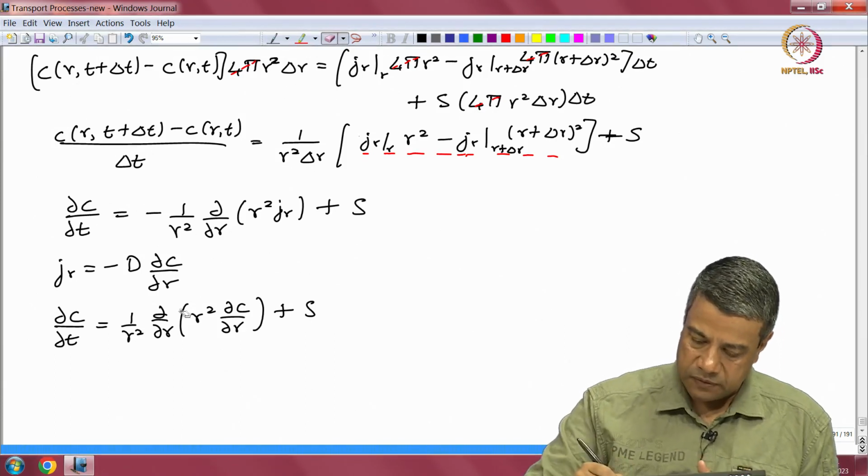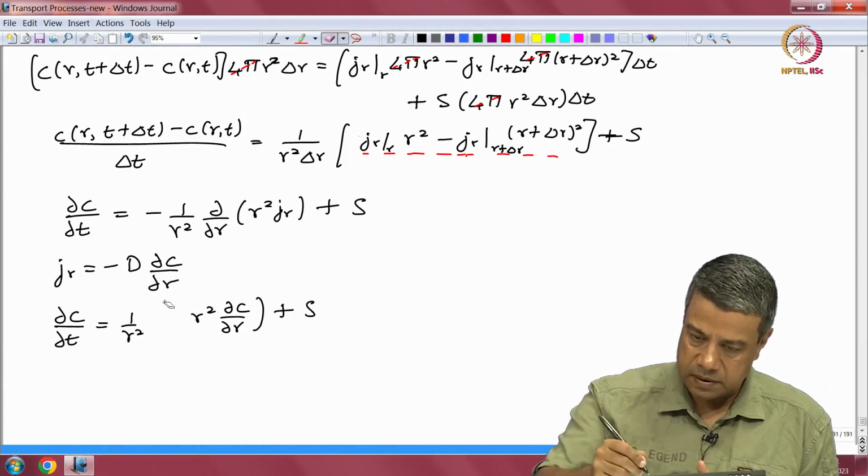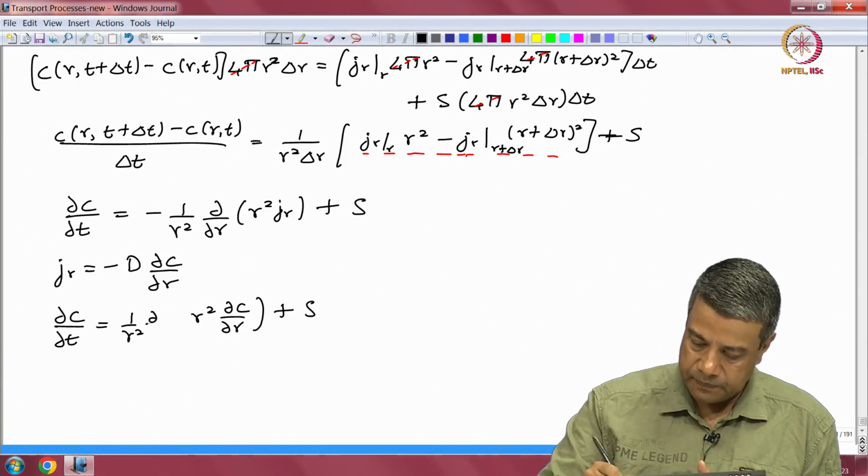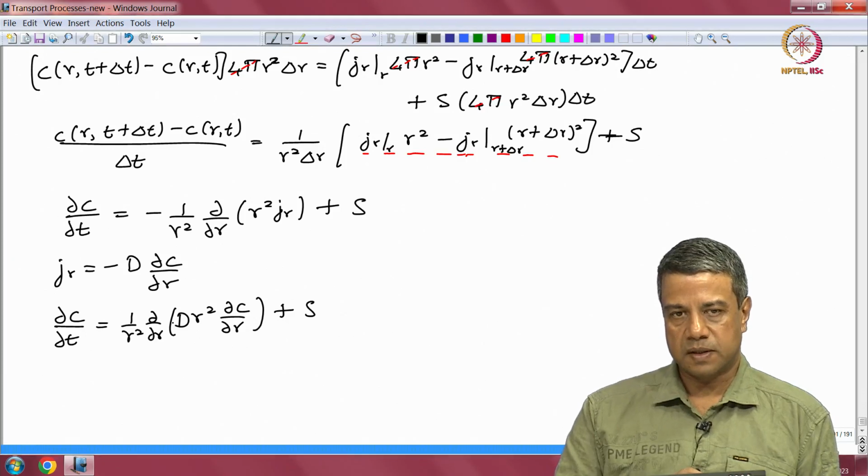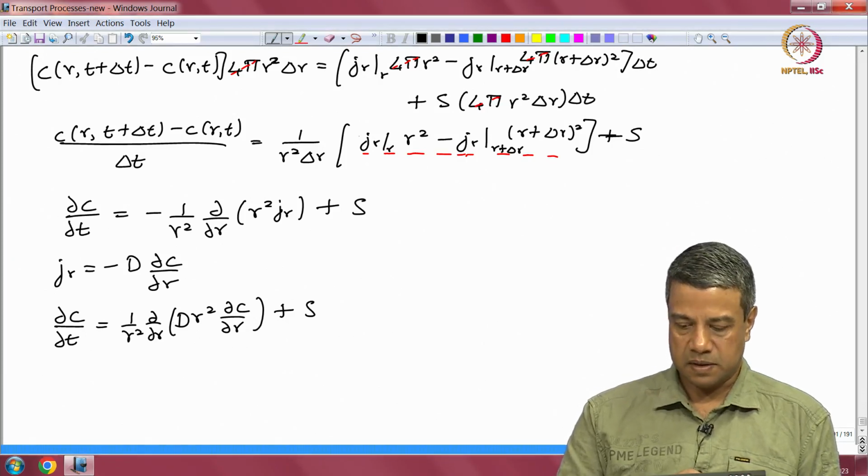I missed out a diffusion coefficient here. So, let me put that. Diffusion coefficient times r square times partial c by partial r plus s.